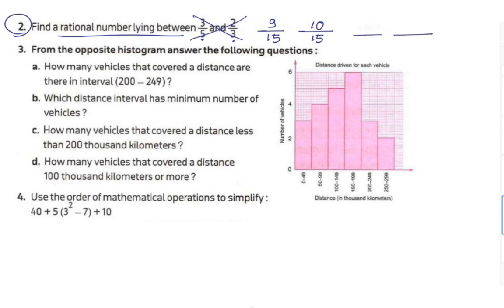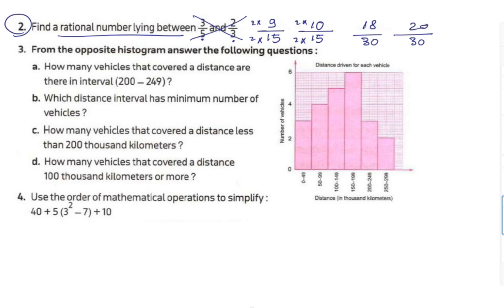Look here, I can multiply numerator and denominator of both fractions by 2. Okay, and find out what we have. 2 by 9 equals 18, 2 by 15 equals 30, and also we have 30. 2 by 10 equals 20.